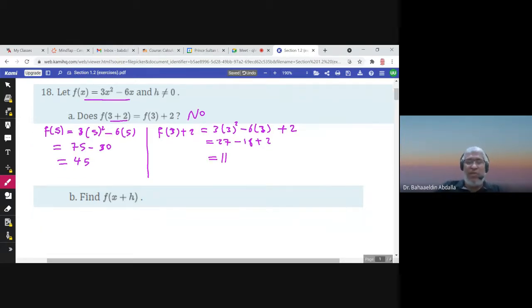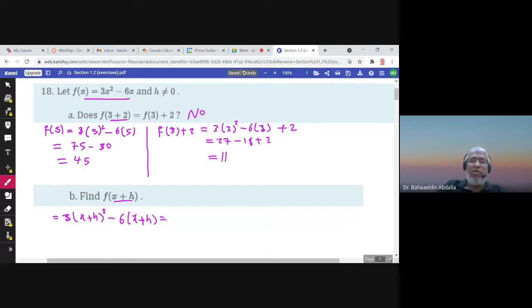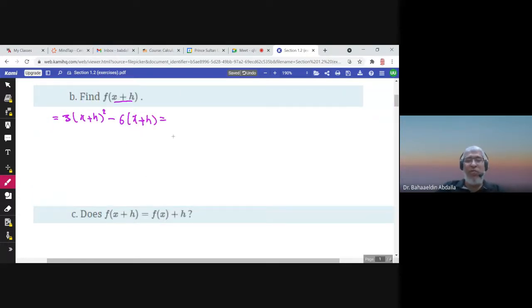Find f of x plus h. To find f of x plus h, I just replace x in this definition by x plus h. So I will have 3 times x plus h, raised to the power 2. I have another x in the function, so I also replace it by x plus h. And now you just need to expand or simplify.